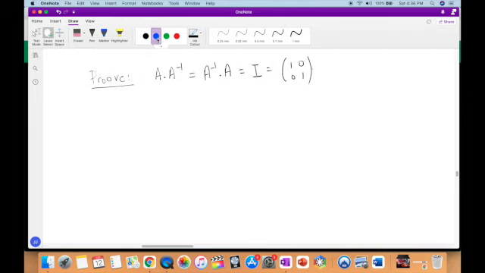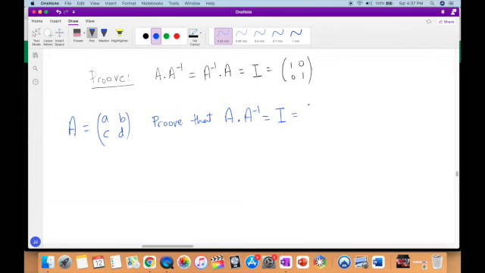So the rule is that if I have a matrix A, and this is the matrix A, B, C, D, and if I take the matrix A and multiply it by the inverse of A, prove that A multiplied by A inverse equals the identity, which is 1, 0, 0, 1.